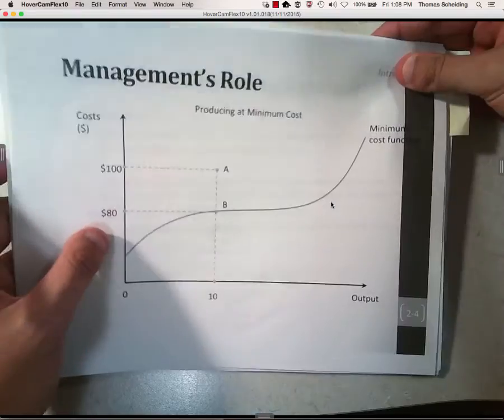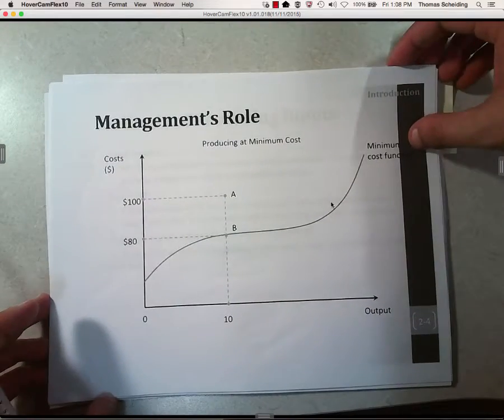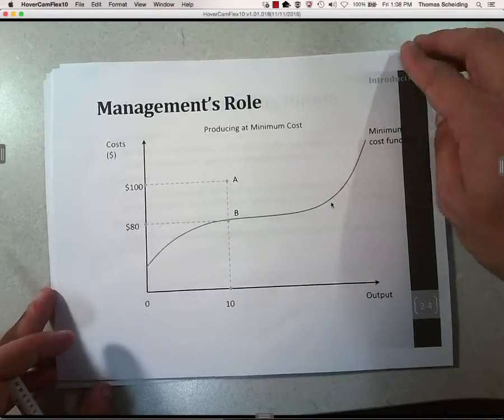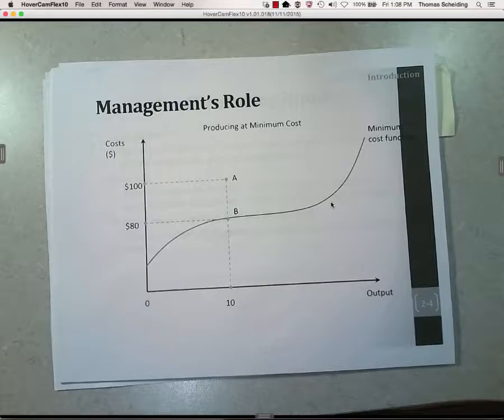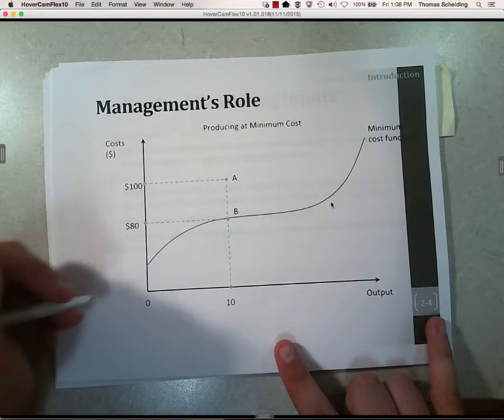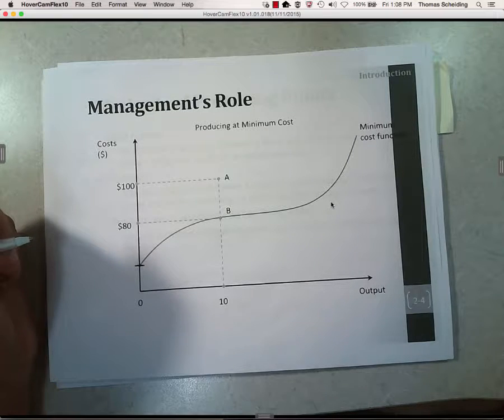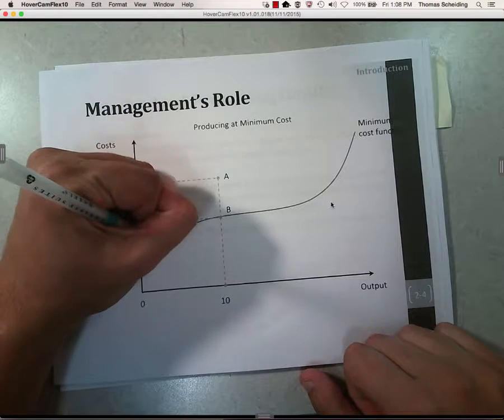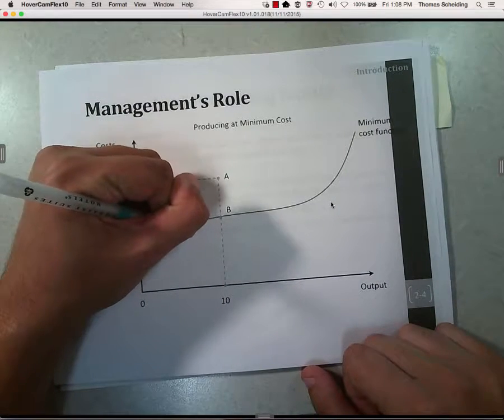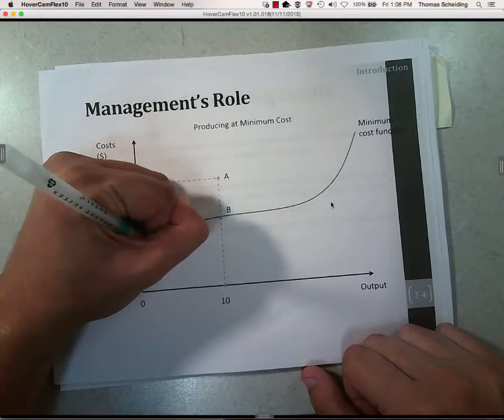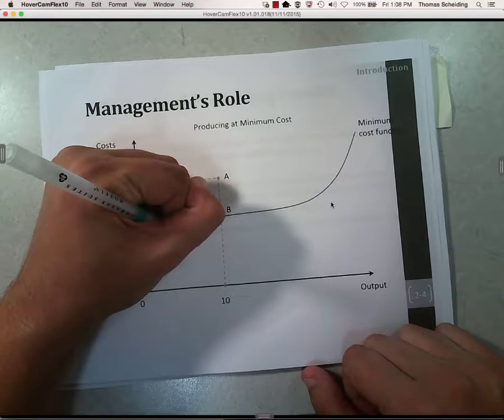So let's talk about what a cost function in general looks like for most firms. For most firms, their cost function is going to start at a non-zero number, because there are presumably some fixed costs with doing what they do. And then initially, you'll notice that the costs are increasing at a decreasing rate.